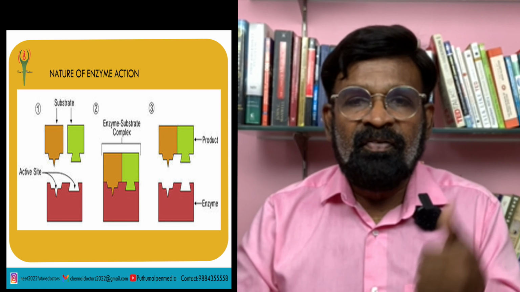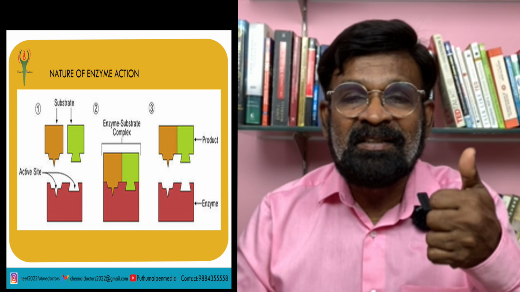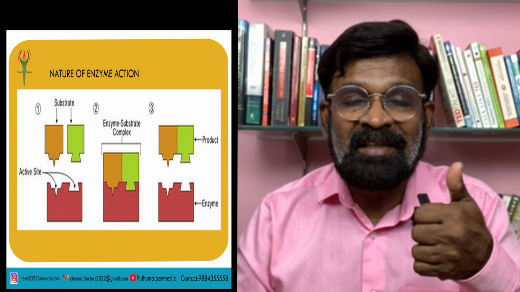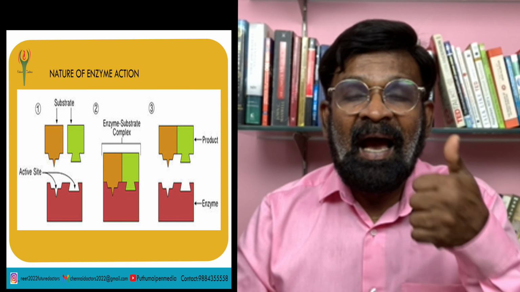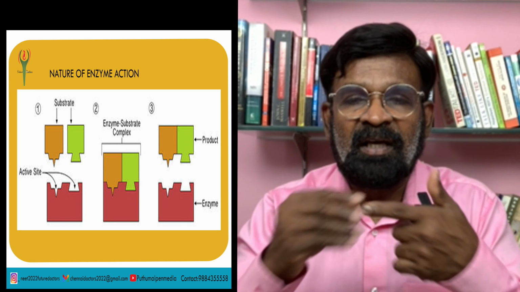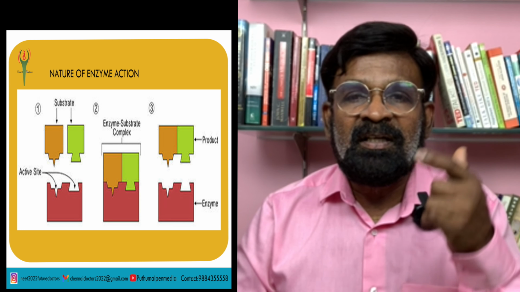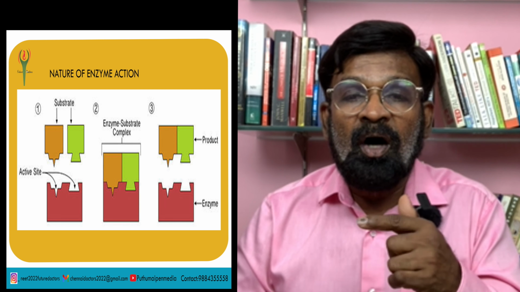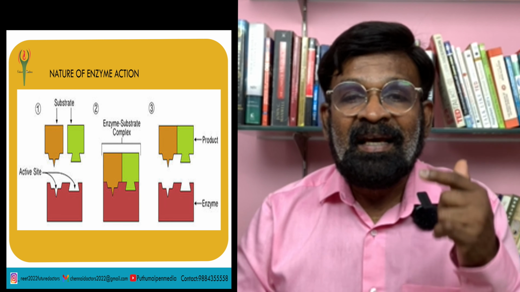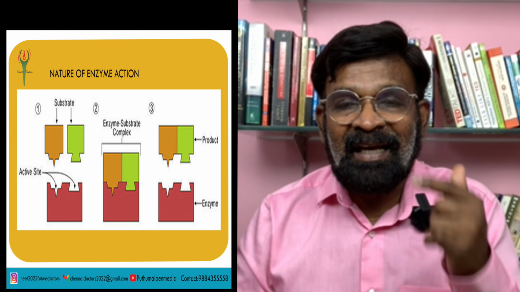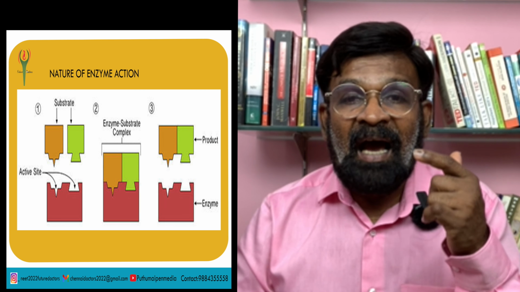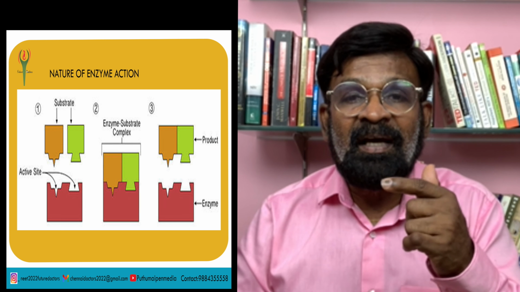First, the substrate binds to the active site of the enzyme, fitting into the active site. The binding of the substrate induces the enzyme to alter its shape so that it can fit more tightly around the substrate.